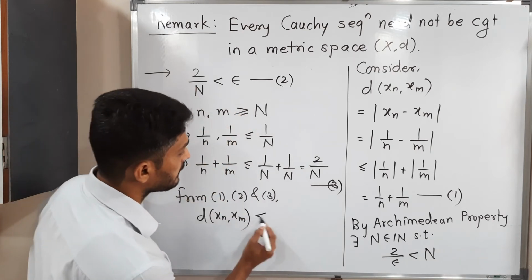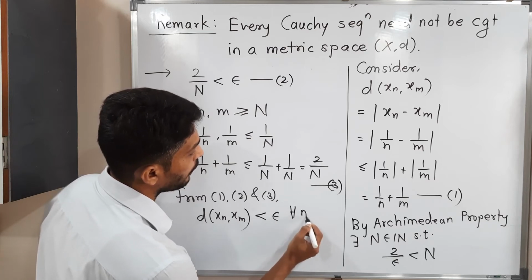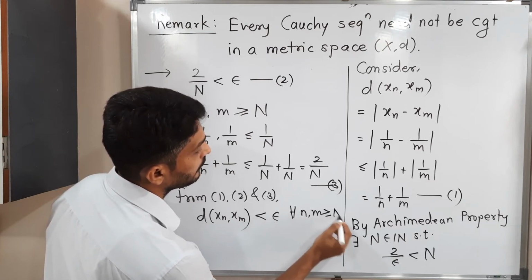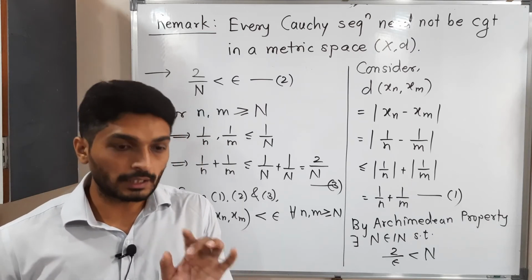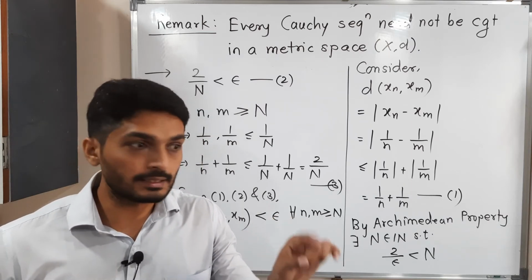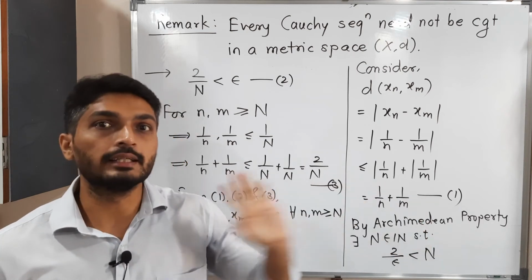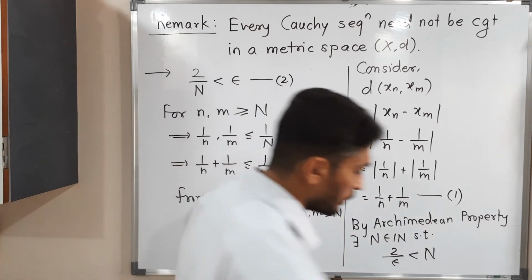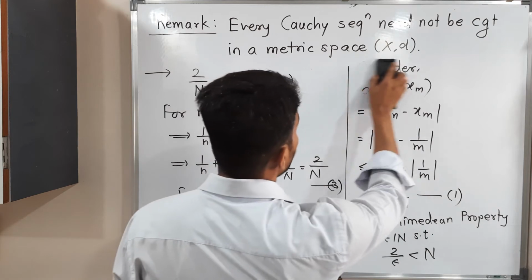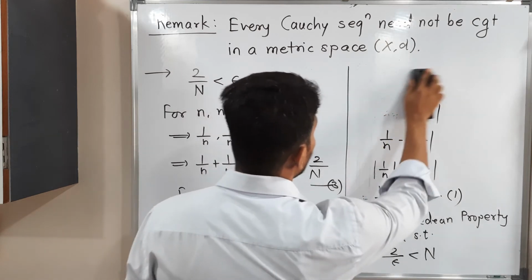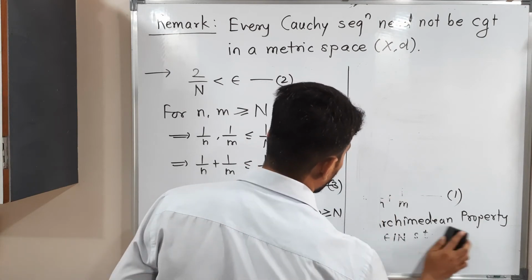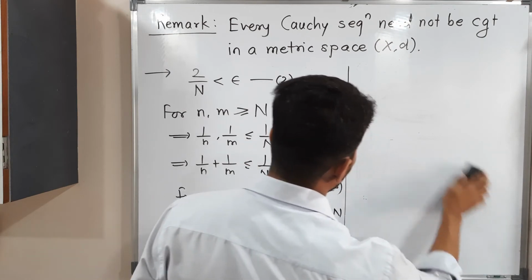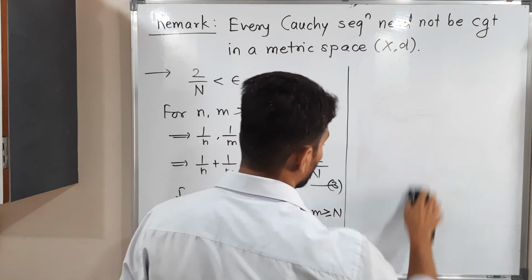So finally this is less than epsilon for all n, m greater than or equal to capital N. Simply I use this logic: a less than b, b less than c, c less than d, then a less than d. So I combined all these inequalities. This is not required now, so let me remove it, and we will continue.